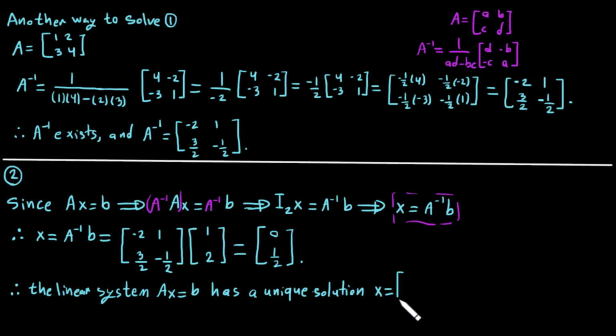X equal x1, x2 equal 0, 1 over 2. That's it.